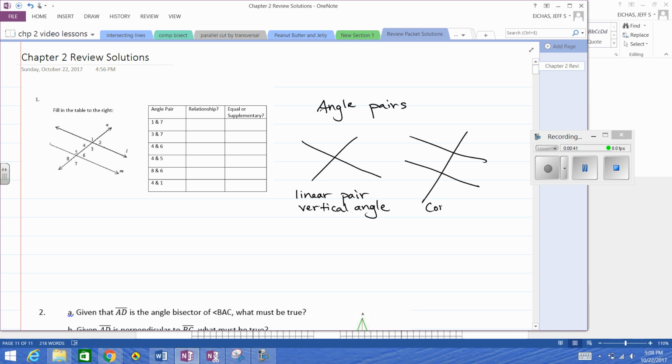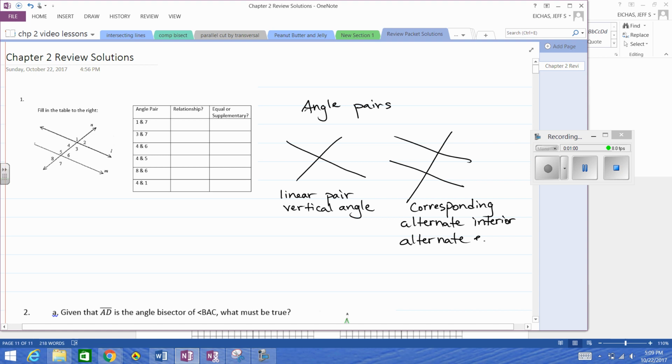So you could have corresponding, you could have alternate interior angles, we could have alternate exterior, consecutive interior, or consecutive exterior.